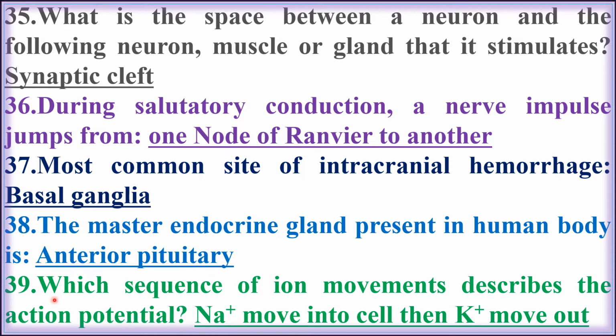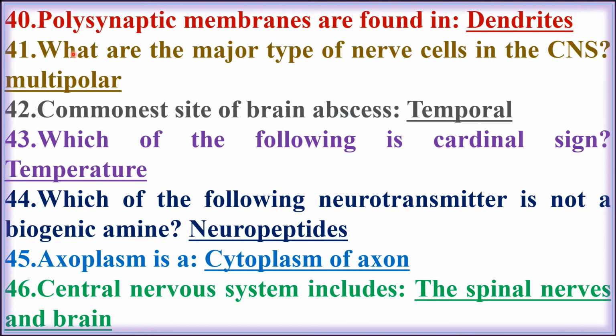Next, which sequence of ion movement describes the action potential? Sodium moves inside the cell, then potassium moves outside of the cell. Next, postsynaptic membrane are found in dendrites.